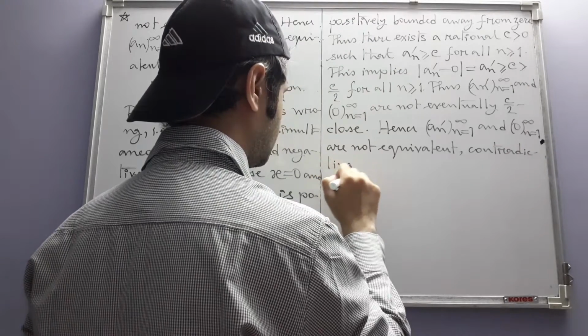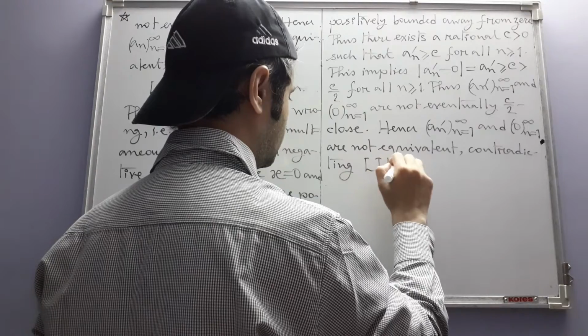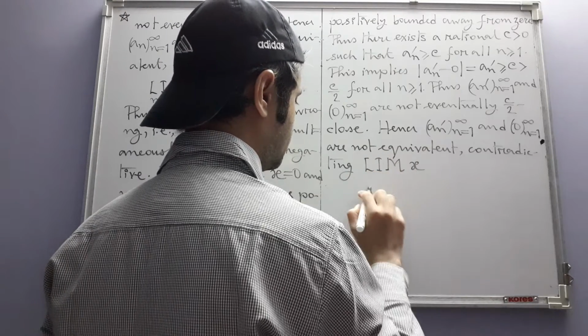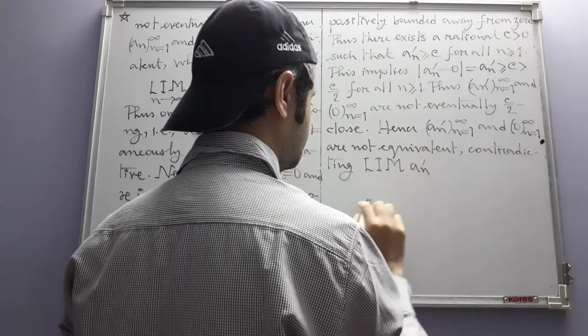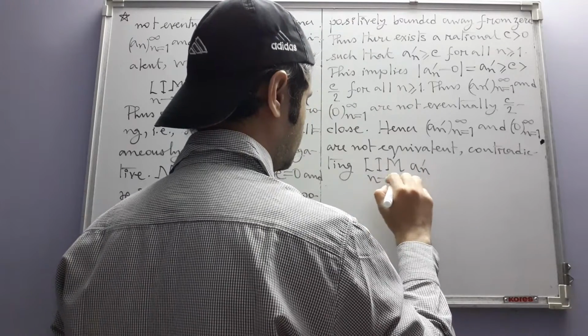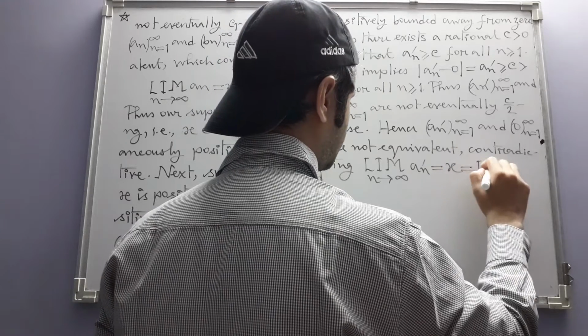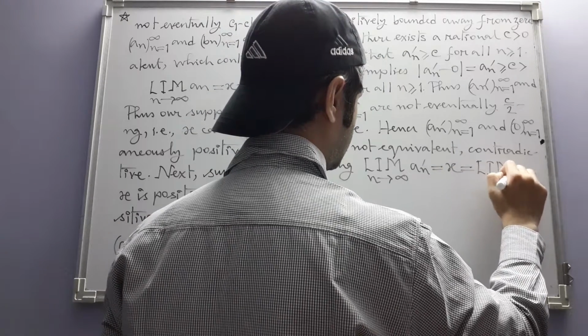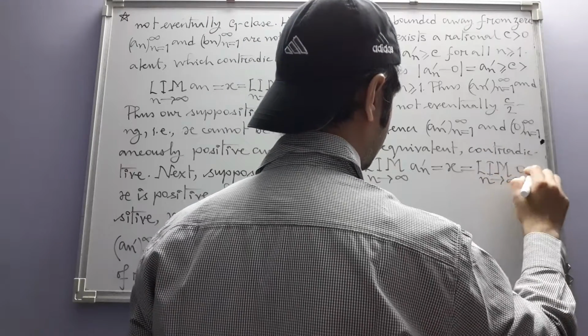Contradicting this, that x is the formal limit of an prime and at the same time x is the formal limit of the constant Cauchy sequence, all of whose terms are equal to 0.